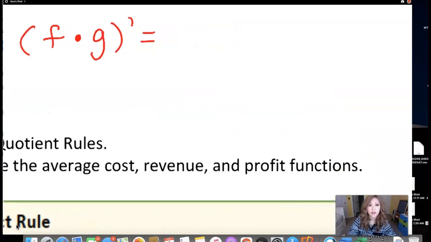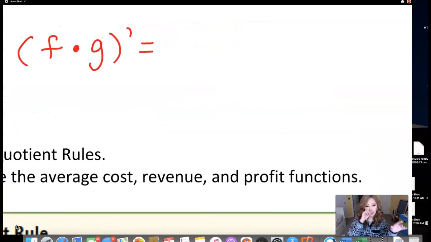If you have something getting multiplied, I'll call this the first term, and this is the second, okay? What you will do is this. You multiply the first times the derivative of the second, okay? First times the derivative of the second. You're going to write it down exactly the same.